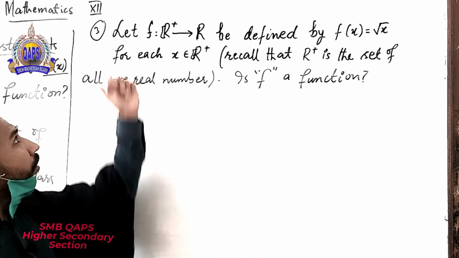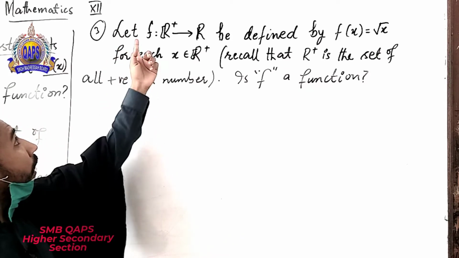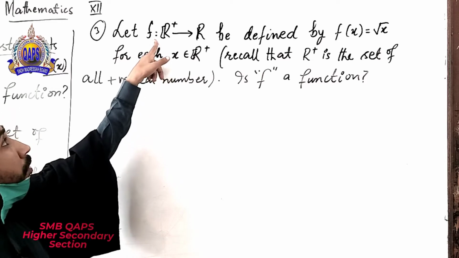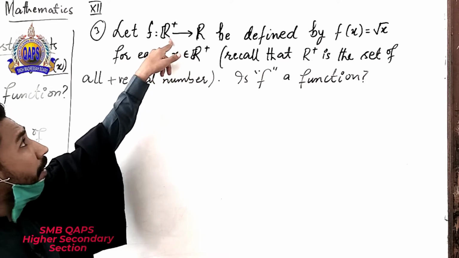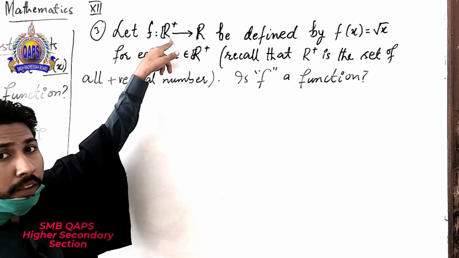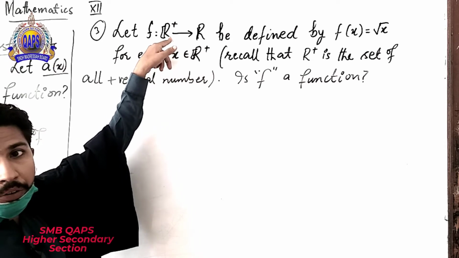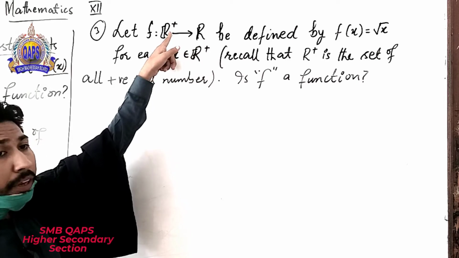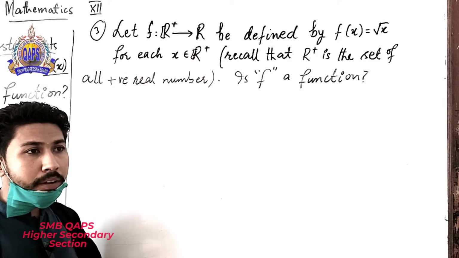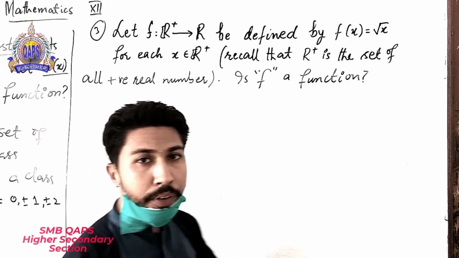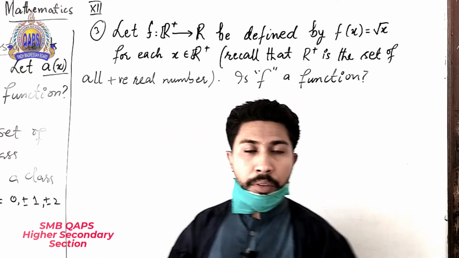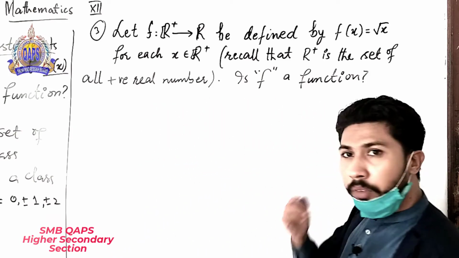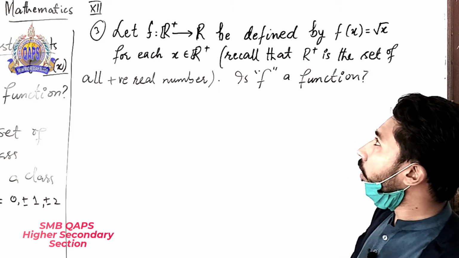Now question number 3: let f represent the function, or you can say mapping, from the positive reals to the real numbers. Here the positive reals contain only real numbers which start from greater than 0, in the positive sense.